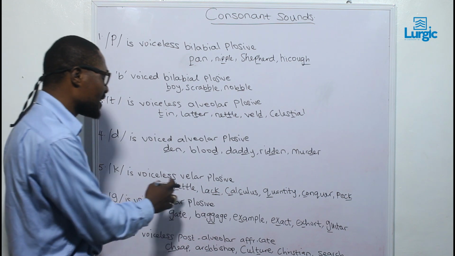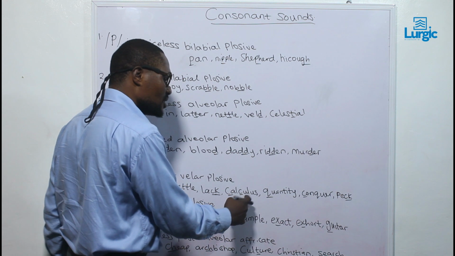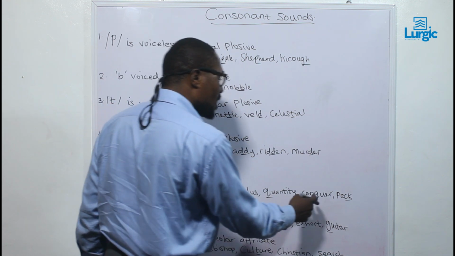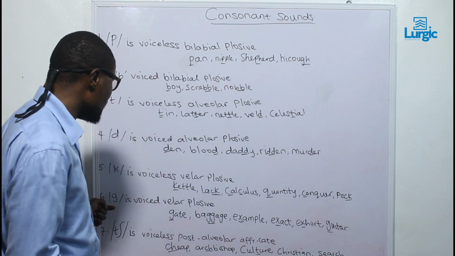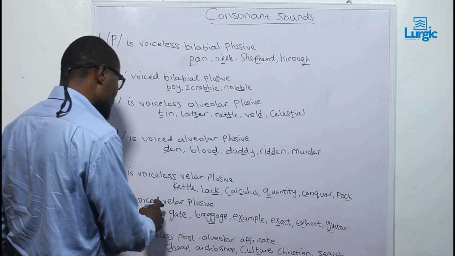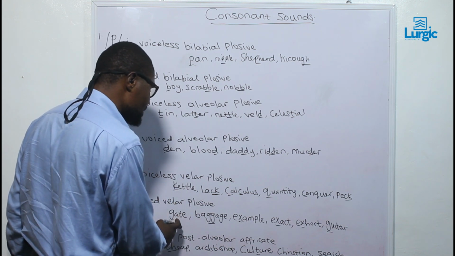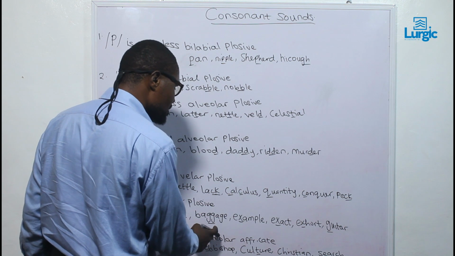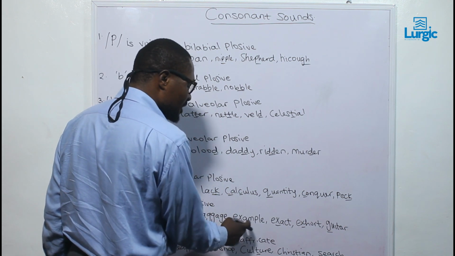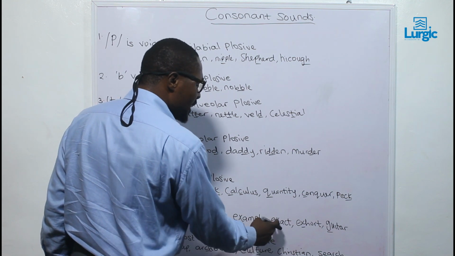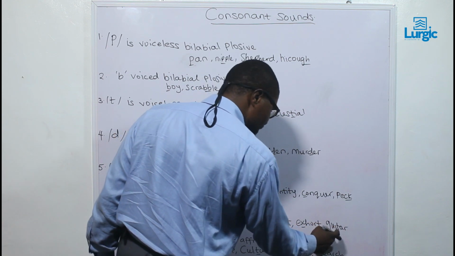Here we have cattle, lack, calculus, quantity, conquer, peck, followed by g, as in the voiced velar plosive, meaning gate, baggage, example. Did you see that? Not example. Example, exact, exact, guitar.